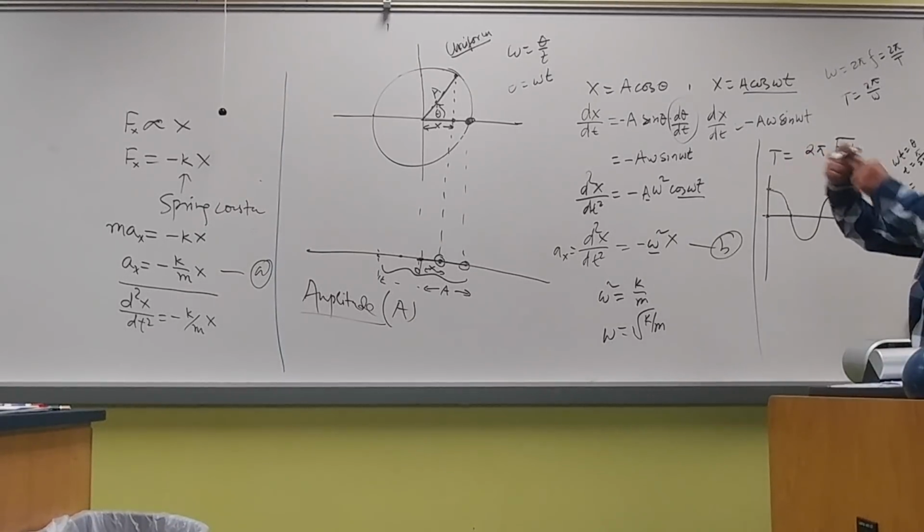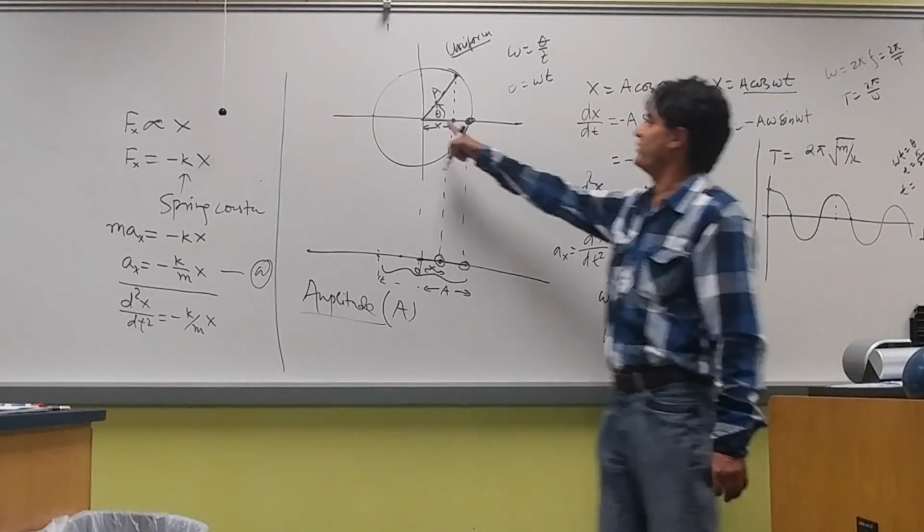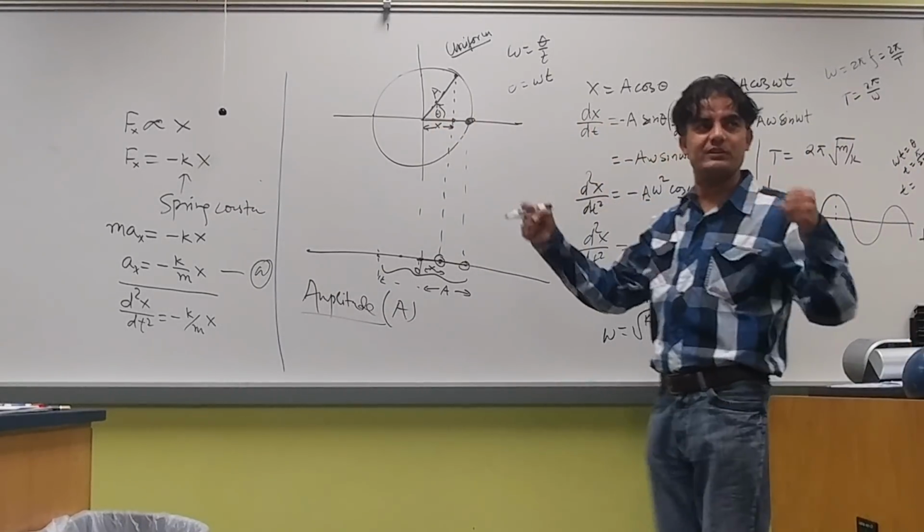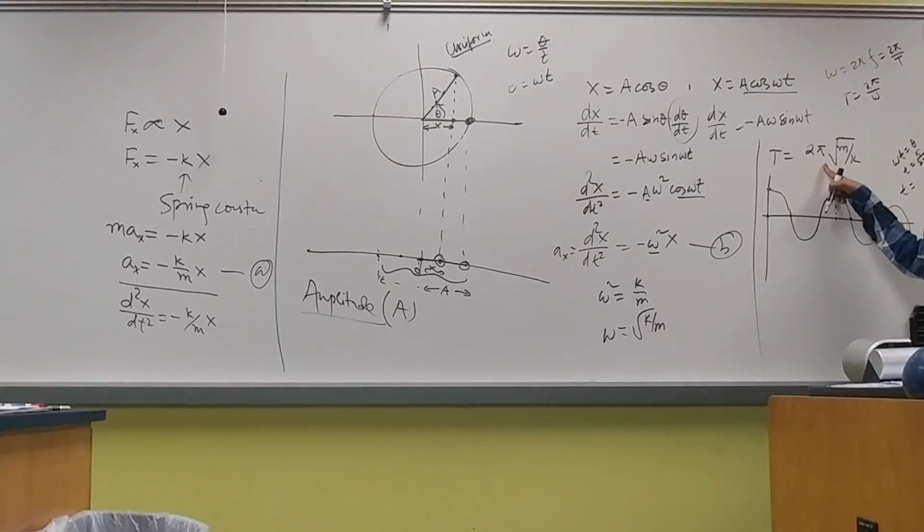If you increase the amplitude more, what happens? Let's say your amplitude is more. Time period doesn't depend on amplitude. Is there an A in the time period formula? No, right?